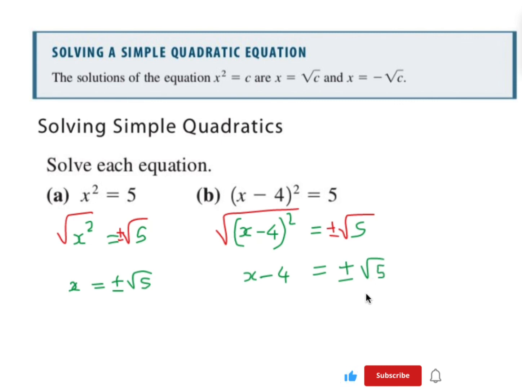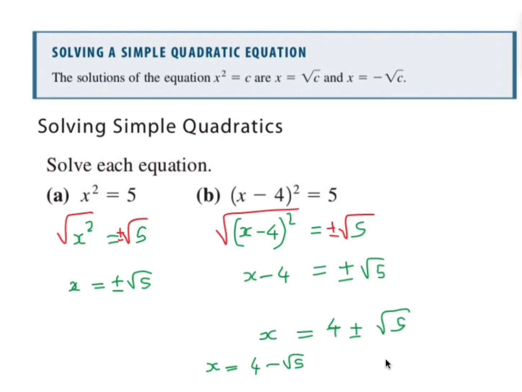But we want the x value, so minus 4 shifts to the right side as positive 4, or we can say add 4 to both sides. So our final answer is 4 plus minus square root 5. Our first answer is 4 minus square root 5 and the second answer is 4 plus square root 5.